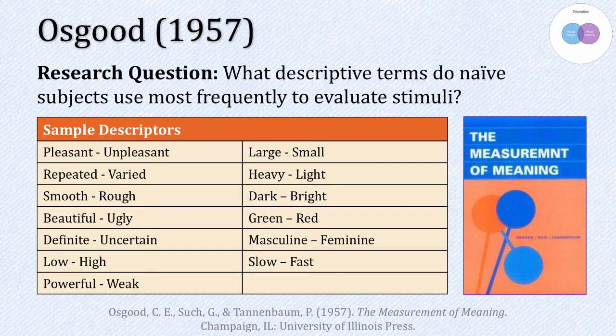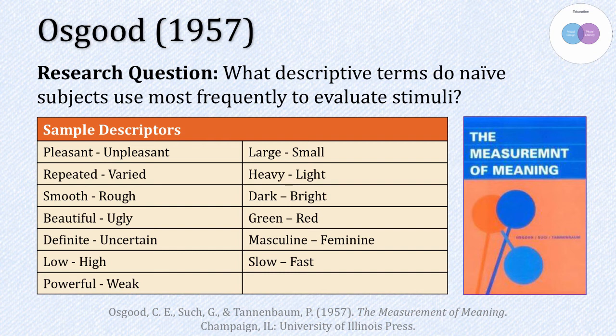Now I want to share one more interesting study with you that has to do with the realm of visual perception. This was early work done by Charles Osgood, a psychologist at the University of Illinois working in the 1950s. In his book, Osgood and colleagues explained his interest in trying to find out what descriptive terms people use most frequently when evaluating stimuli. In other words, how do people evaluate something they've never seen before?